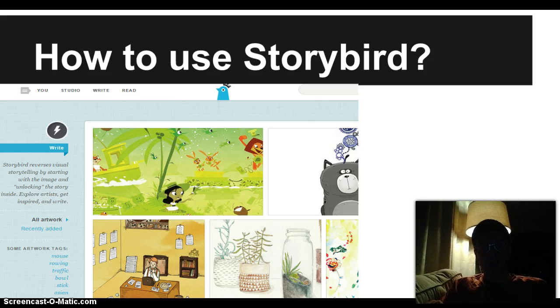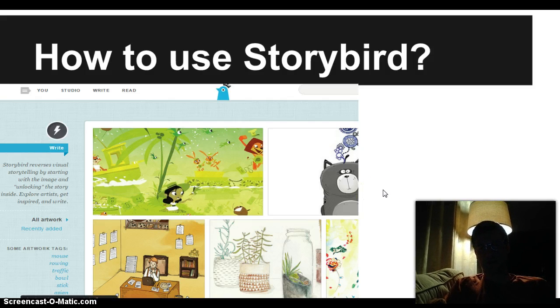After you choose the write option, it will take you to the images screen, and this is just an example of what it looks like. You can do a search for a particular theme, and then they also have artwork tags that you can choose from that will give you an idea of how the different art works.